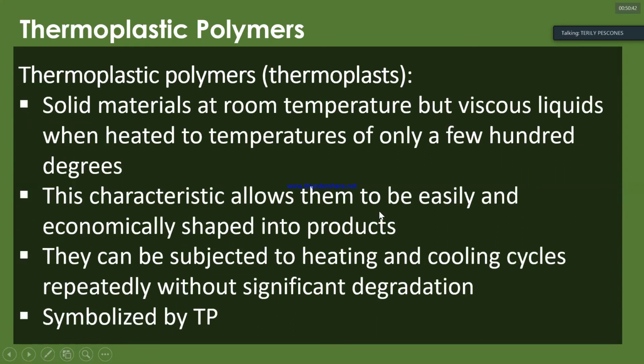Okay, thermoplastic. Solid materials at room temperature but viscous liquids when heated to temperatures of only a few hundred degrees. Then, characteristic allows them to be easily economically shaped into products. They can be subjected to heating and cooling cycles repeatedly without significant degradation.